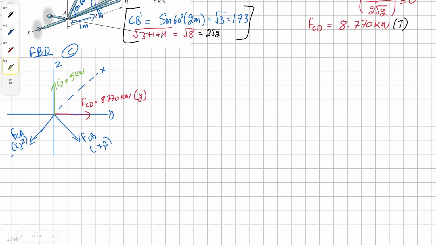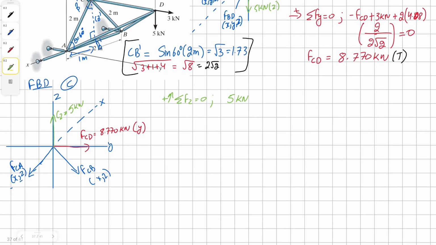we can start solving in the z direction. So that means we have to sum the forces in the z-axis direction. So we're going to have positive 5 kilonewton. And then because there is another symmetry here, CA and CB are both symmetrical. I'll write it here so that we don't forget it.